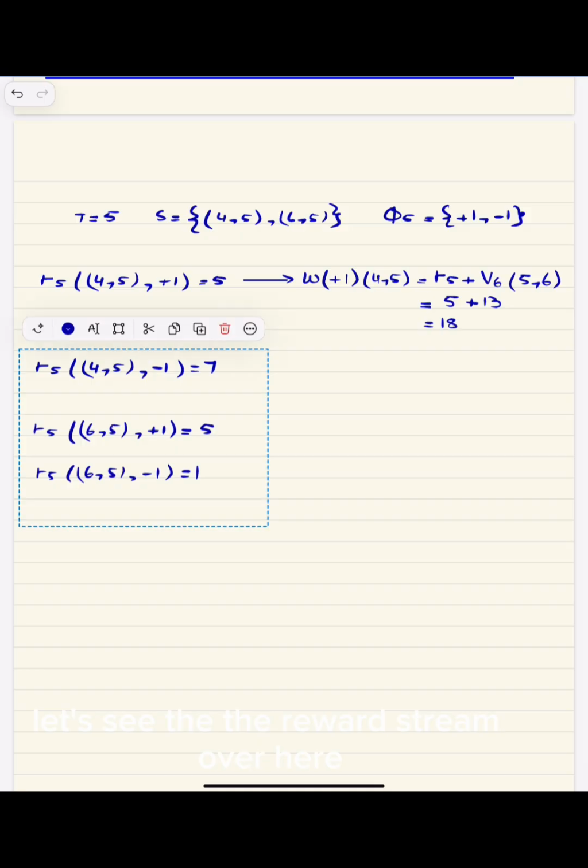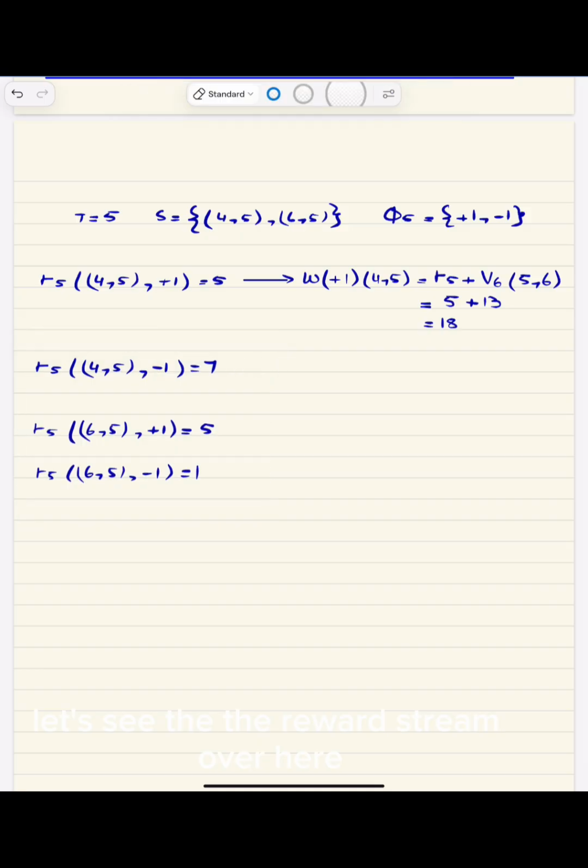Let's see the reward stream over here. So the reward that I get from taking a left from 4 5 is the immediate reward of that action at time period 5 plus all the future rewards I'll get at the next time period.